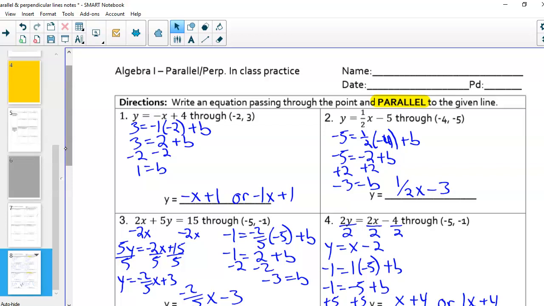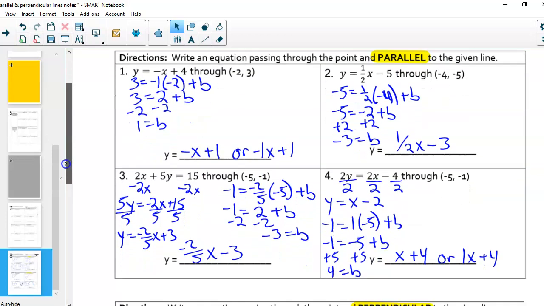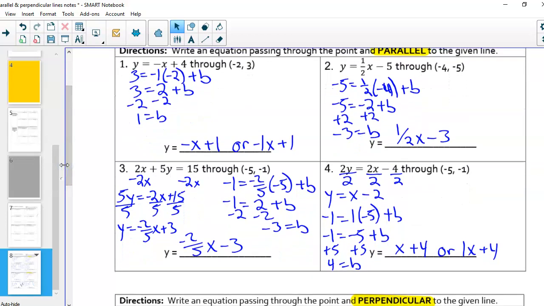If you wrote negative 1x plus 1, that's fine as well. 2 was 1/2 x minus 3. 3 was negative 2/5 x minus 3. 4 was x plus 4, or 1x plus 4. Do we have questions on those 4?